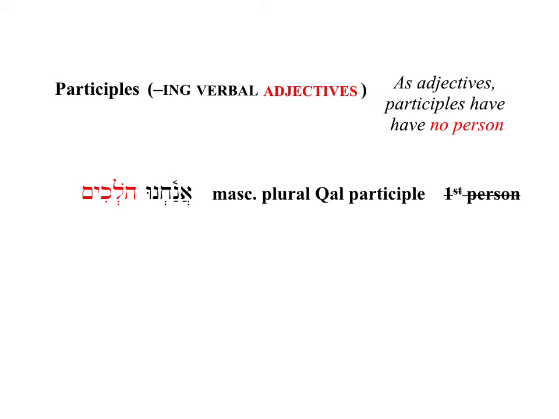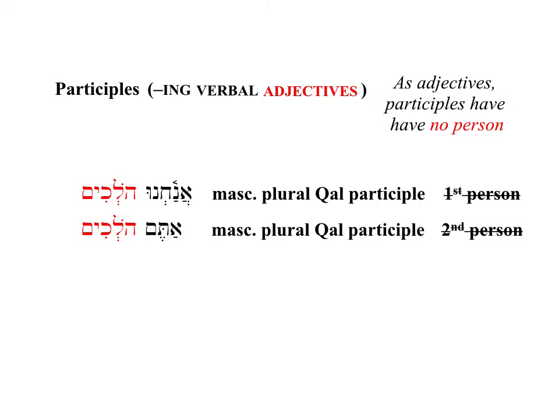So when you parse participles, you can give the information of gender, number, the verb stem, and indicate it as a participle, but you should not be trying to identify person. Same thing is true with the example we had a moment ago.